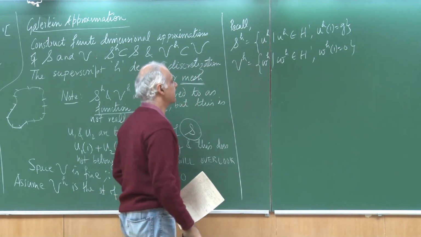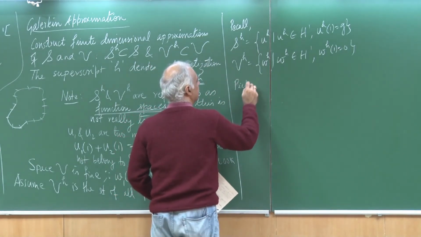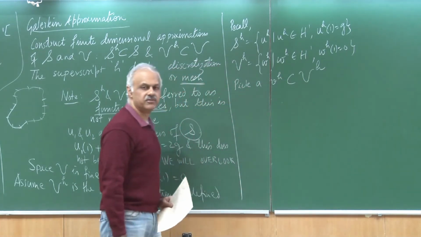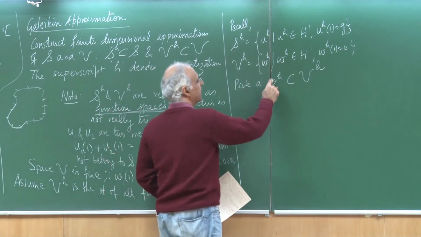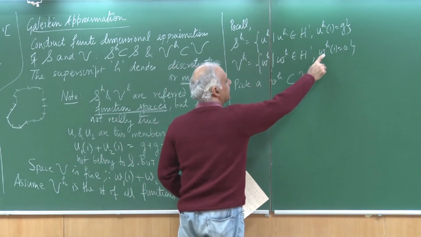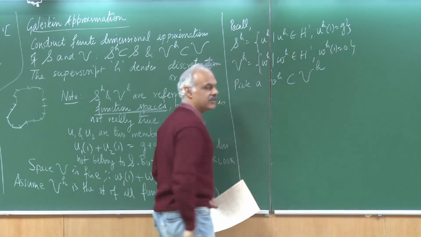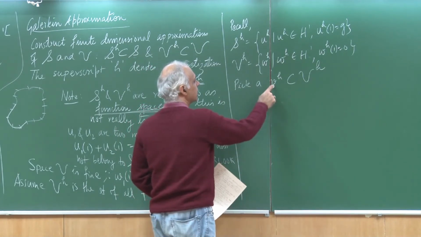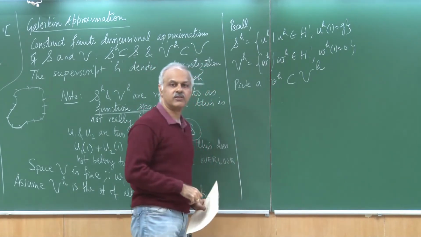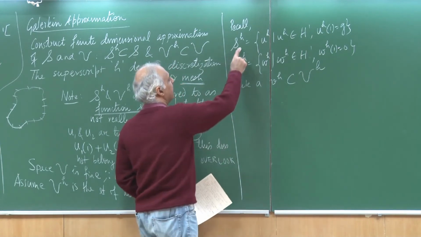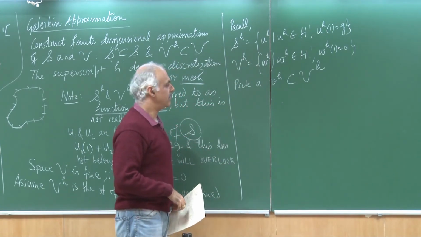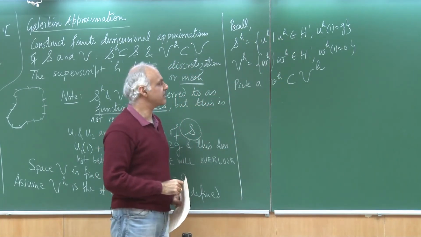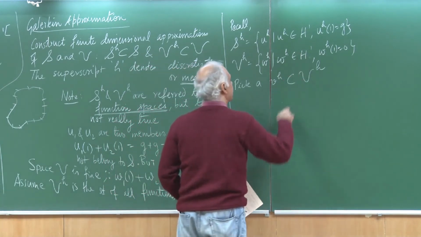The question that I am asking is, pick a vh that belongs to the space VH. So, I take a function vh that belongs to this space, and I already know it is H1 and it is 0 at the boundary. The question I want to ask is what modification should I make to this function so that it can actually come from this space SH. And the good news is they have exactly the same continuity or smoothness requirement, the only difference is in the boundary condition.